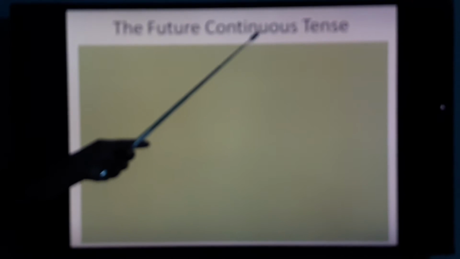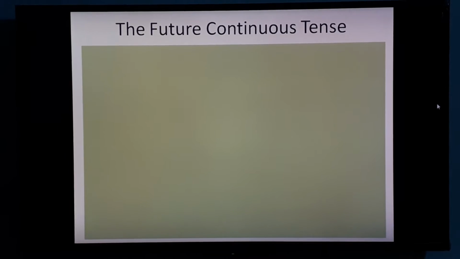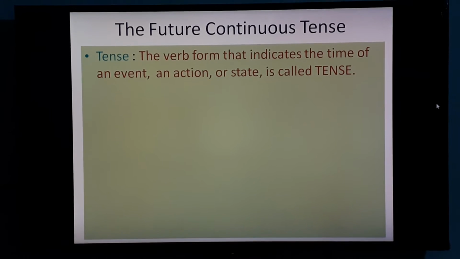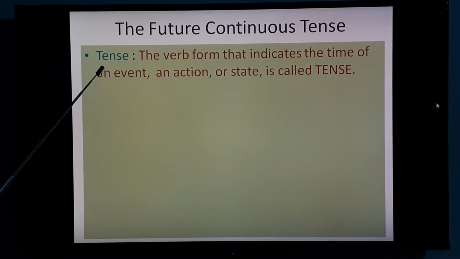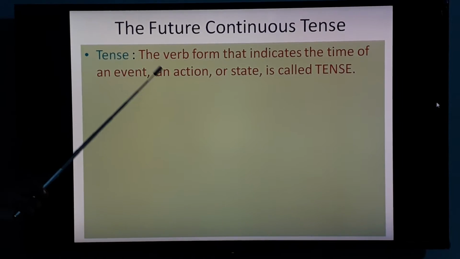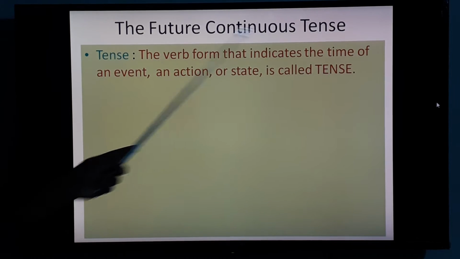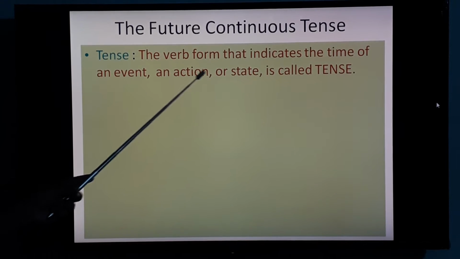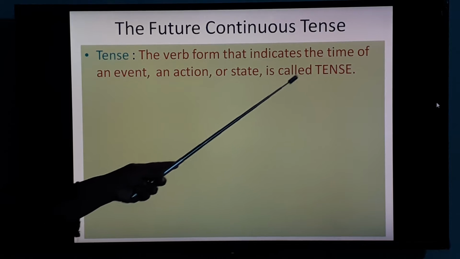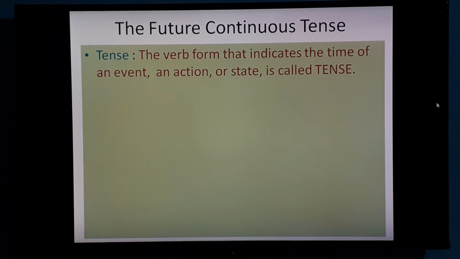Today we are going to learn the future continuous tense. First of all, we will see the definition of tense. The verb form that indicates the time of an event, an action or state is called tense.